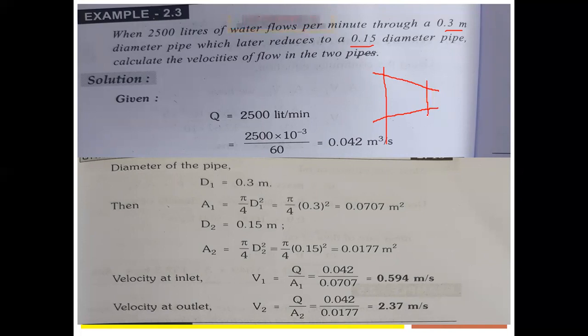Calculate the velocities of flow in the two pipes.